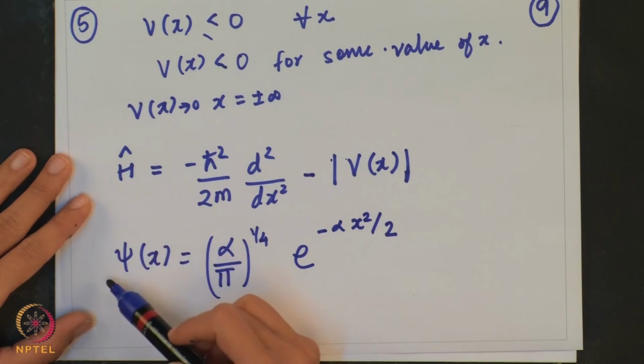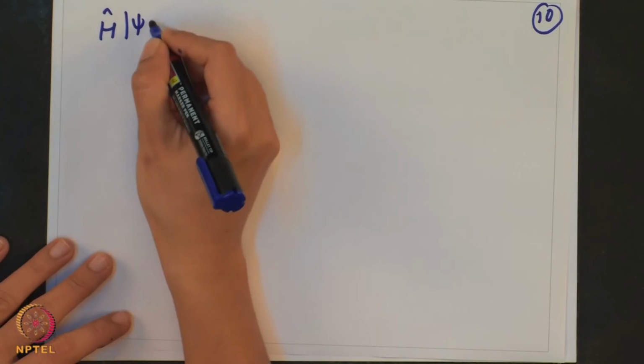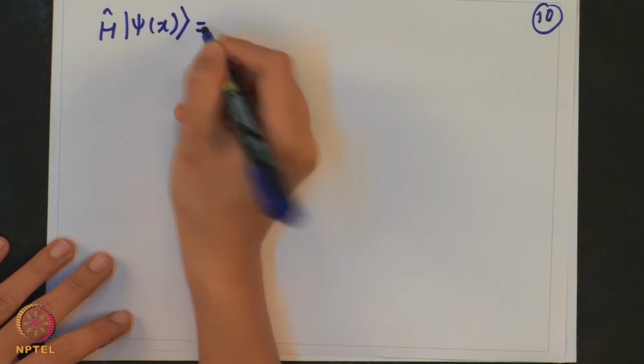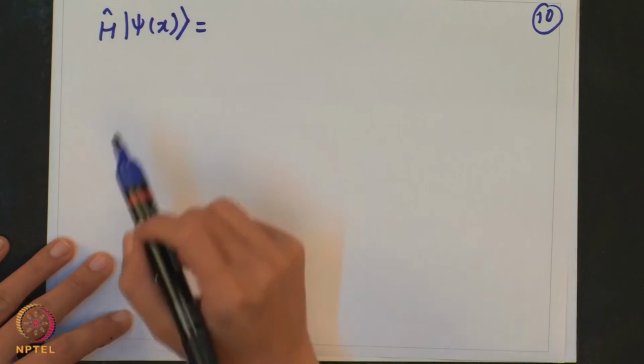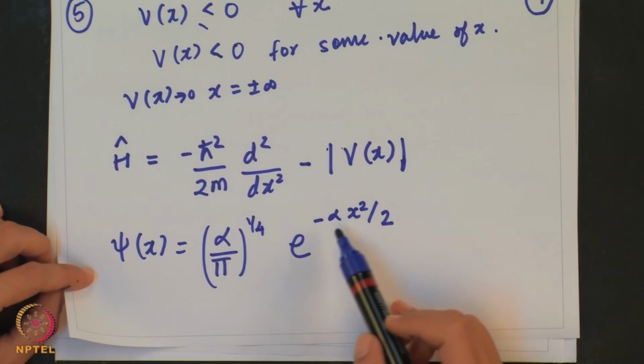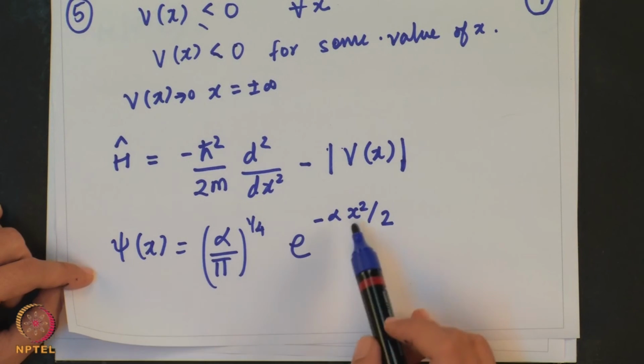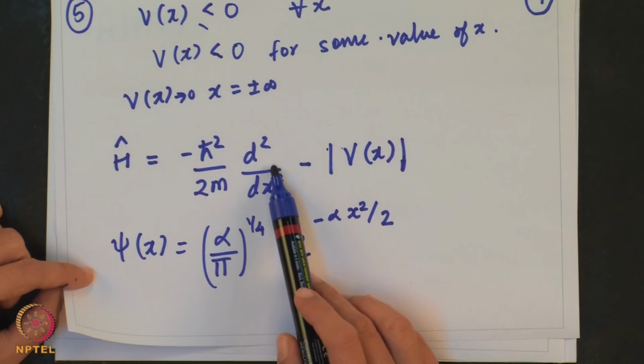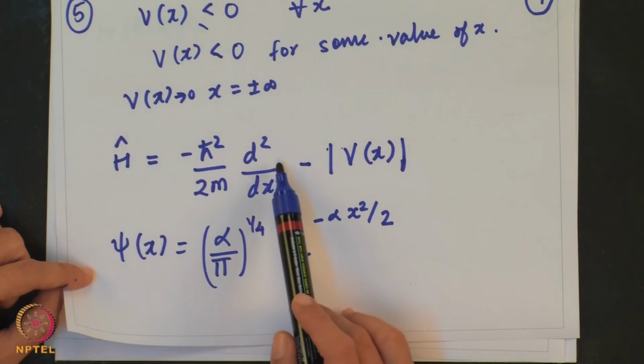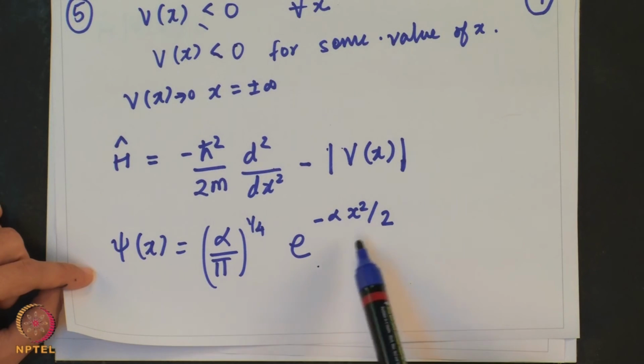Now if I operate the Hamiltonian on this trial wave function, what do I get? Let us work this out quickly. When you operate the Hamiltonian operator on this wave function, you have to differentiate the exponent twice.